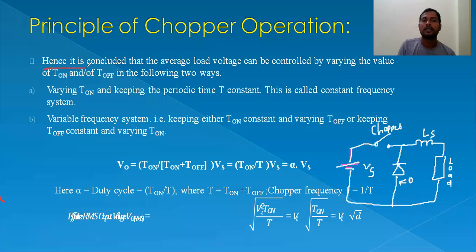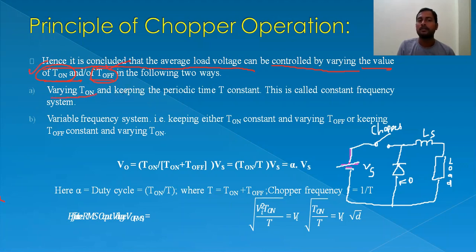Hence it is concluded that the average load voltage can be controlled by varying the turn on time and turn off time. The average voltage will be varied by using these two factors: turn on time and turn off time.